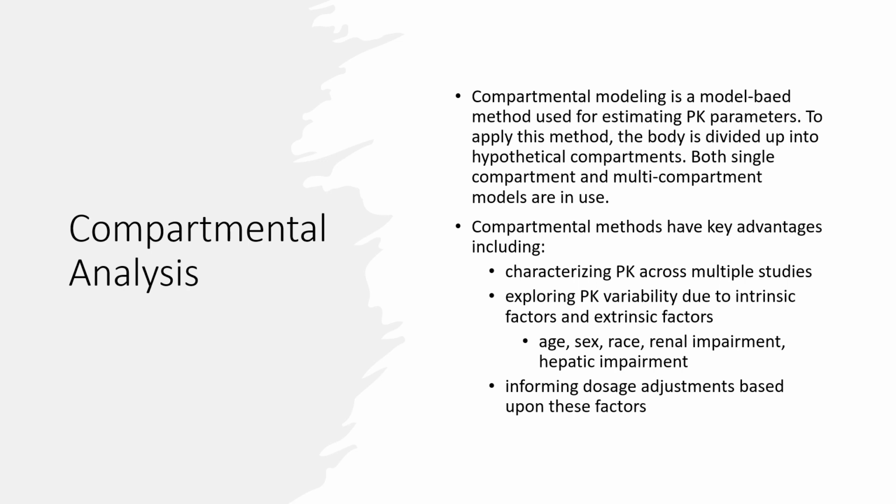Compartmental modeling is a general term that refers to a model with at least one compartment. Typical compartmental models have between 1 and 3 compartments, but more compartments can be added to the model depending on the application.